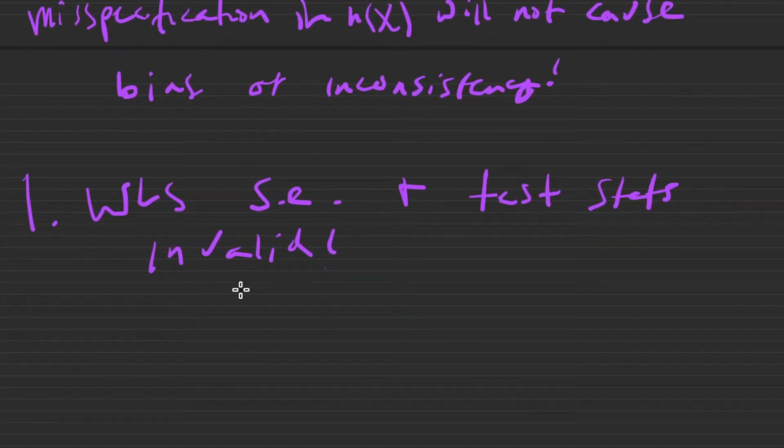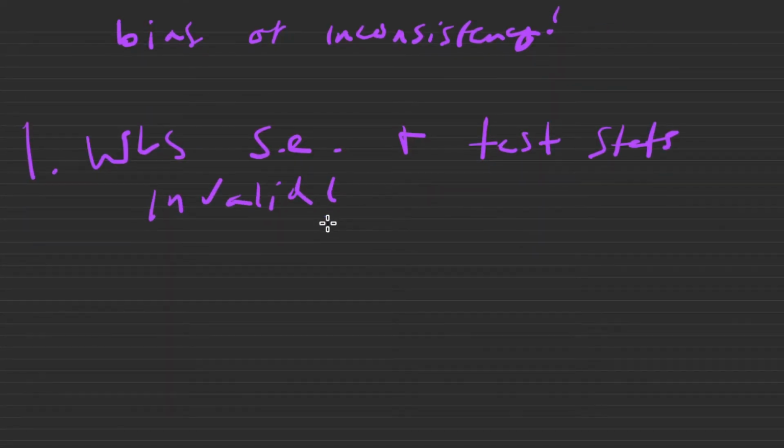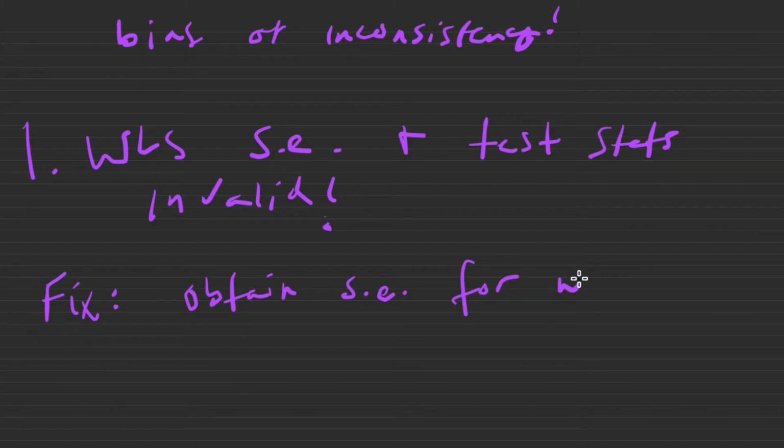There is a pretty easy fix to this. The fix is to obtain standard errors for WLS that allow the variance function to be arbitrarily misspecified.